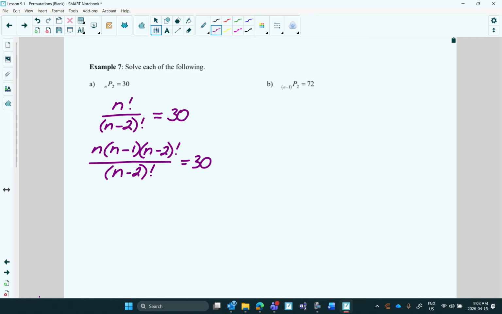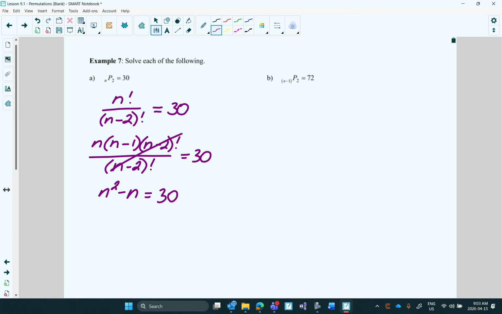What could I do now? I'm left with n times n minus 1, or n squared minus n equals 30. Got rid of the factorial. It's a much easier equation now. Now what do I do? Move it to the other side. Okay, you have to factor it because it's quadratic.